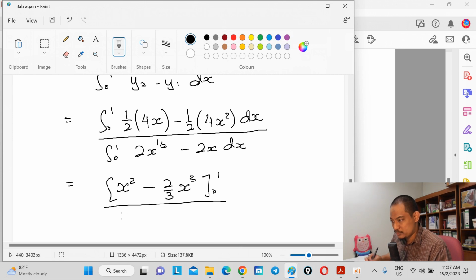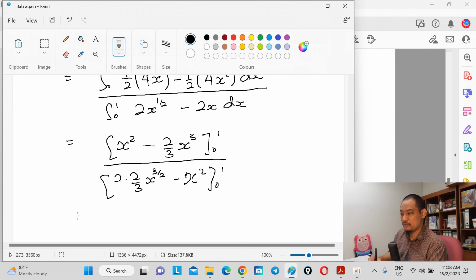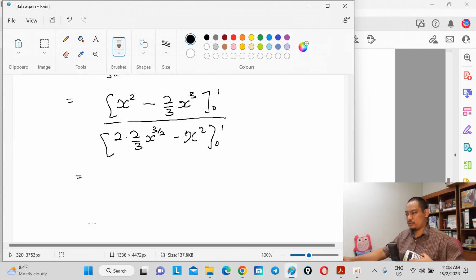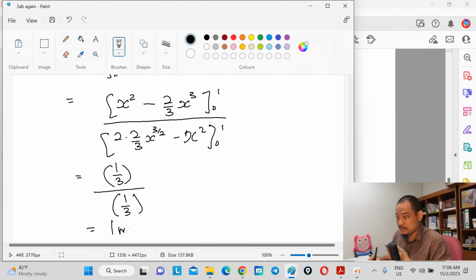And then below, 2 over 3 x to the power 3 over 2 minus x squared. So yeah, exactly the same as before.